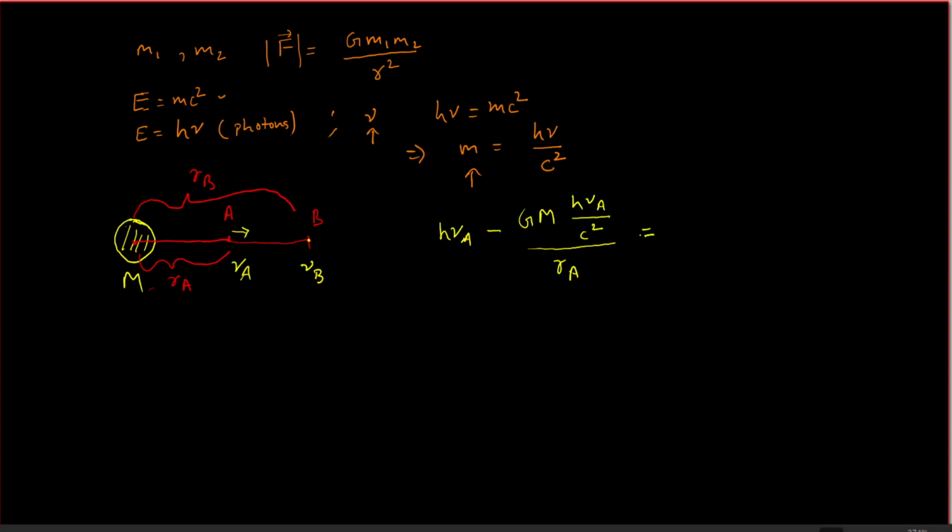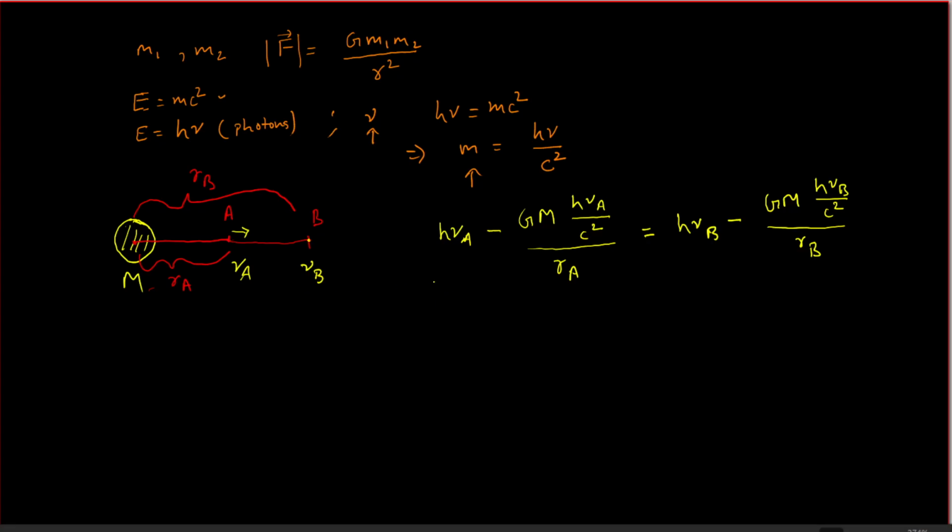So this total energy at point A must be equal to the energy at point B, which is h nu B minus G m times the mass of the photon at B, h nu B by c squared, divided by the distance RB.